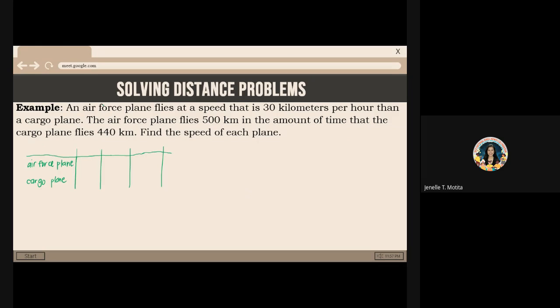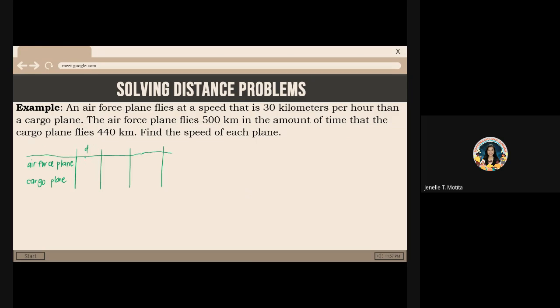So let's fill up this table. It says here an Air Force plane flies at a speed that is 30 kilometers per hour faster than a cargo plane. Let's identify first the distance, represented by D. The Air Force plane flies 500 kilometers in the amount of time that the cargo plane flies 440 kilometers.